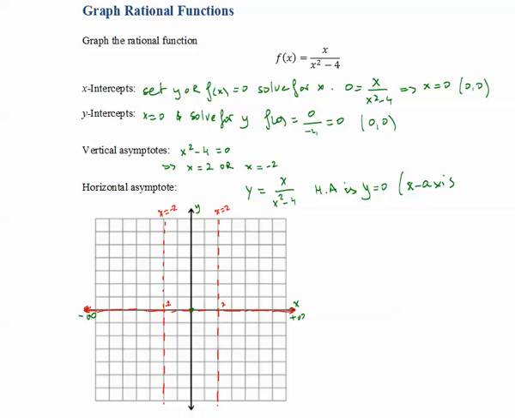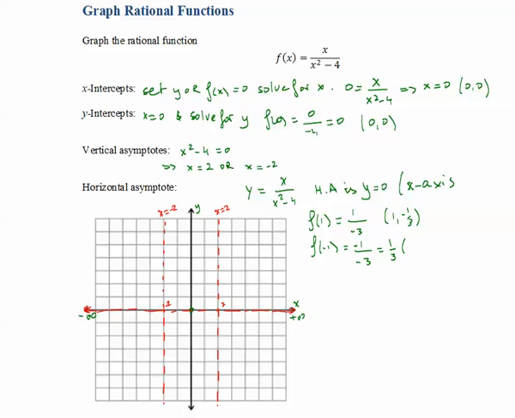So here we're going to try to find some other values that will help us graph this function. We could choose 1, and we find f of 1. It's going to give us 1 over negative 3, so we have 1 and negative 1/3. Then we could plot negative 1 as well, and it's going to be negative 1 over negative 3, which is 1/3.